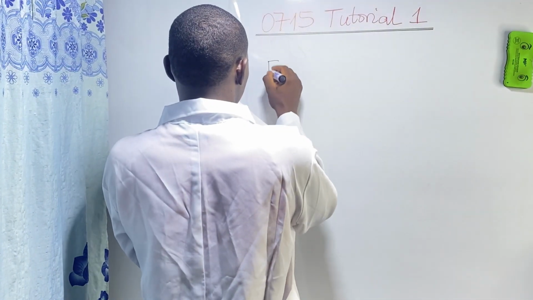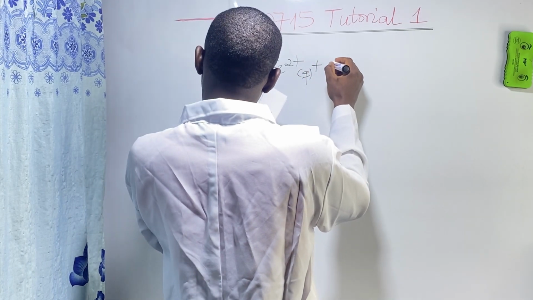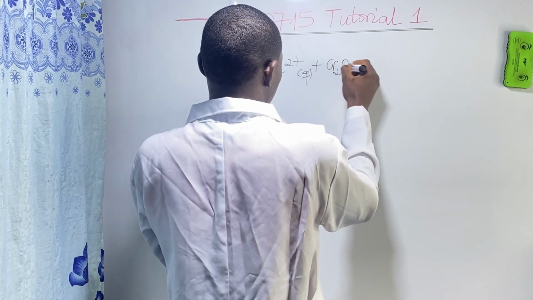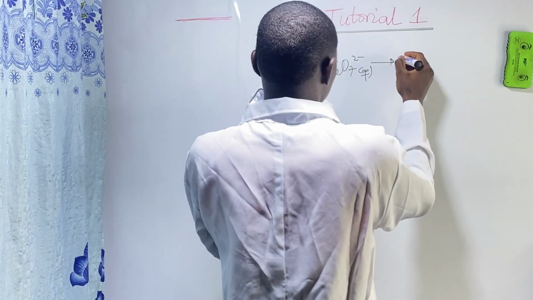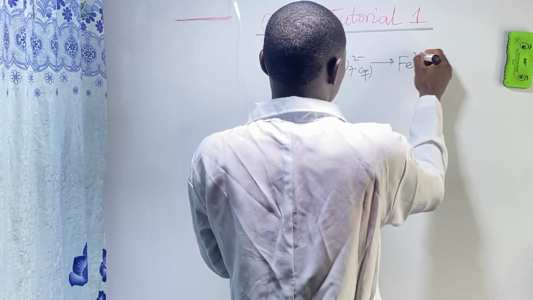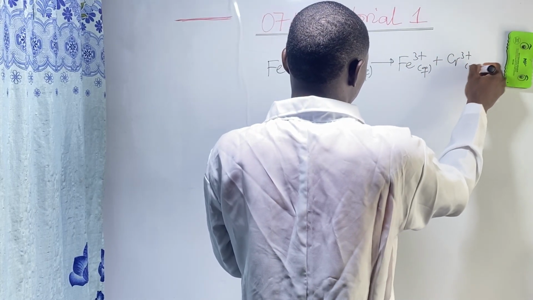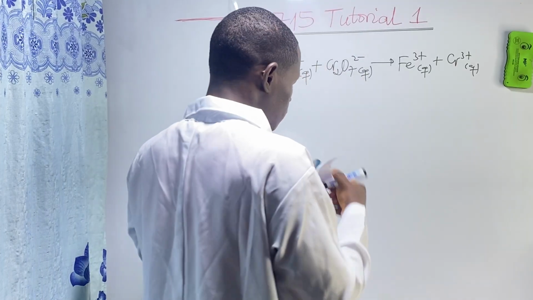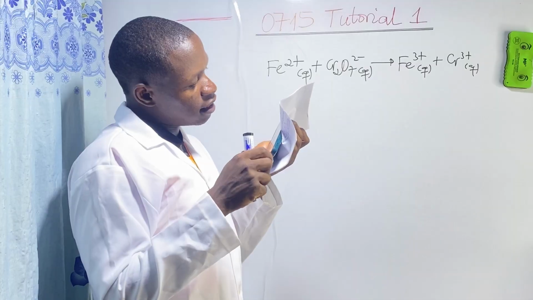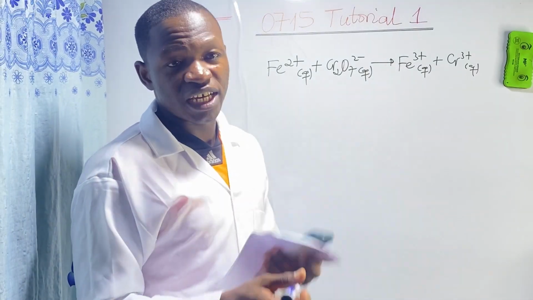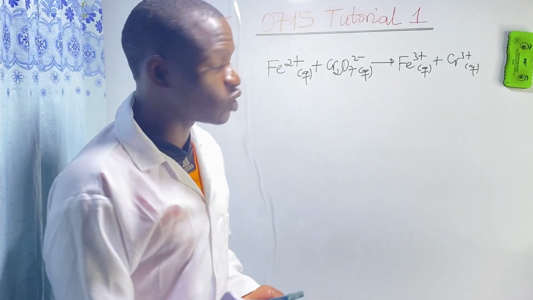We have iron 2 plus aqueous plus dichromate aqueous gives us iron 3 plus aqueous plus chromium 3 plus aqueous. They say write the half equation for the reduction.